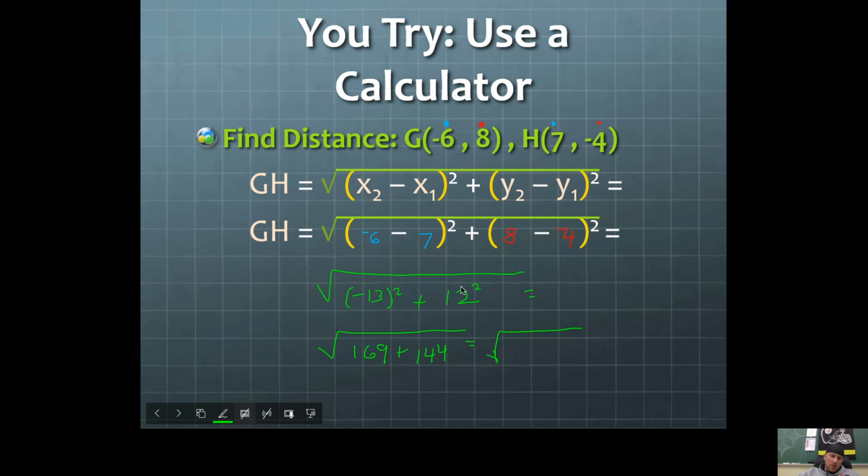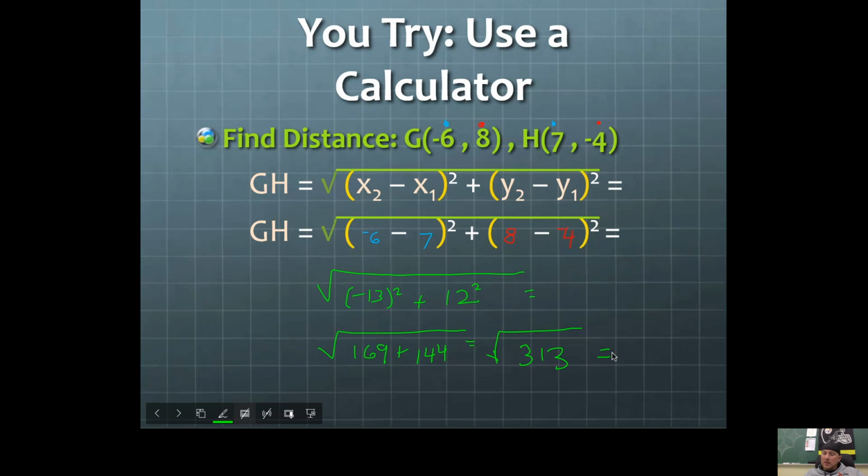It gives me 313. Now, you should still have your perfect square list beside you when you're doing these problems. I'm going to look on my perfect square list for 313, and I don't see it. But I know that 289 is a perfect square, and I know that 324 is a perfect square. 313 is not exactly 324, it's a little bit less.